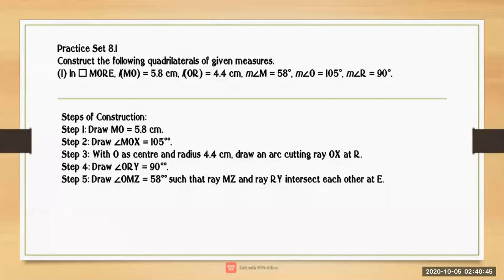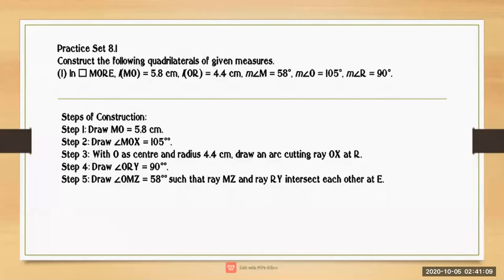Line OR is how much? 4.4 centimeter. Measurement of angle M equal to 58 degrees, measurement of angle O equal to 105 degrees, and the last part is measurement of angle R equal to 90 degrees.